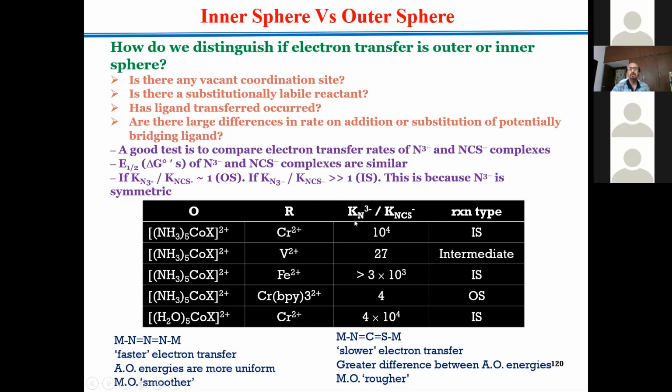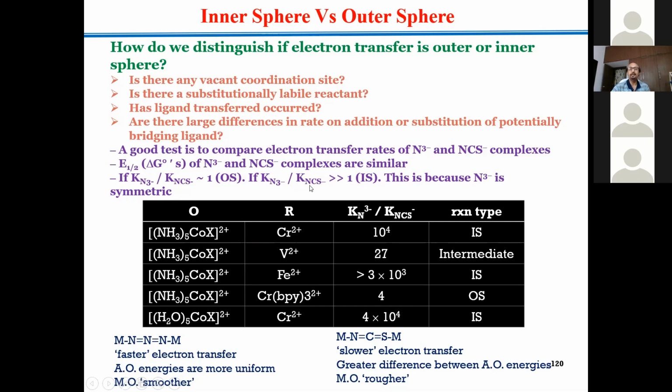Why is it so? Because of the azide, faster electron transfer takes place because of the symmetric nature. That means both participating metal ions have the same donor site, right?